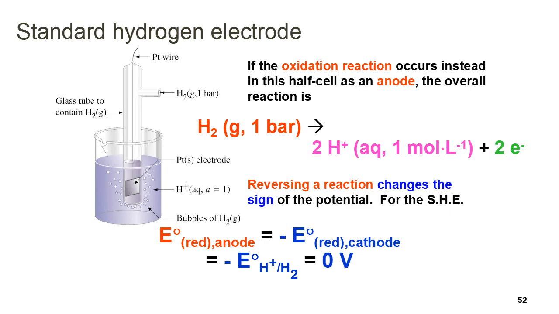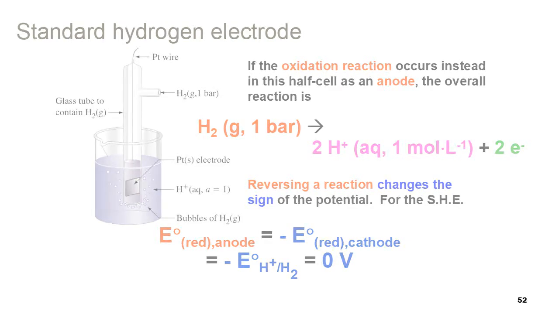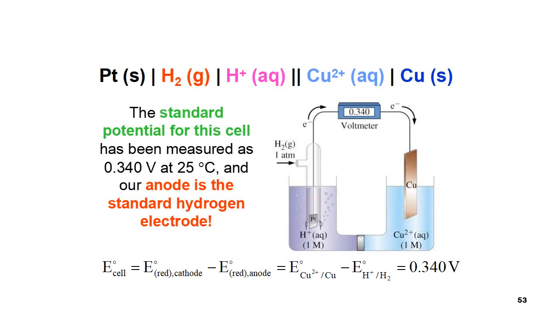Also note that reversing this reaction changes the sign of the potential. Consider this cell. The standard potential for this cell is measured as 0.340 volts at 25 degrees Celsius, where the anode used is the standard hydrogen electrode.